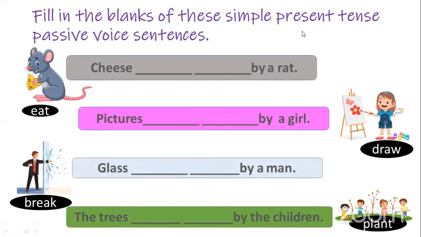Fill in the blanks of these present tense passive voice sentences. Now I'm going to give 2 minutes to fill in the blanks of these sentences.